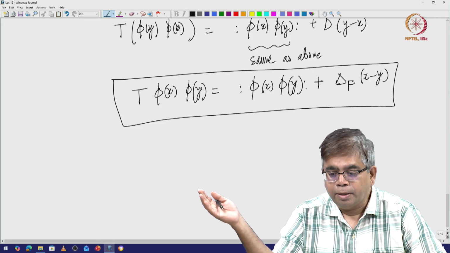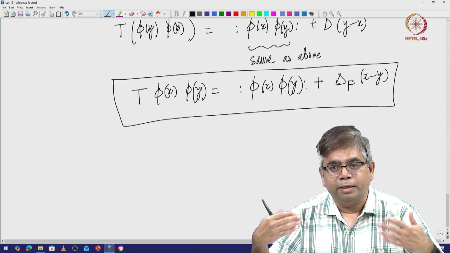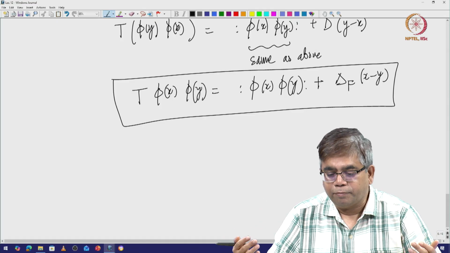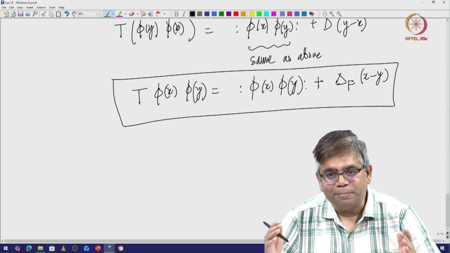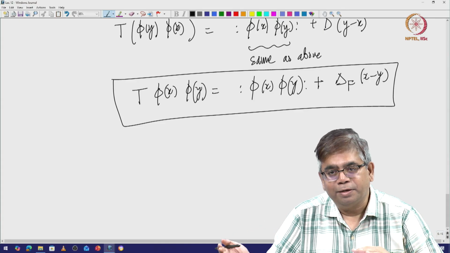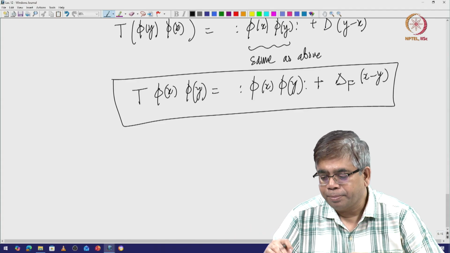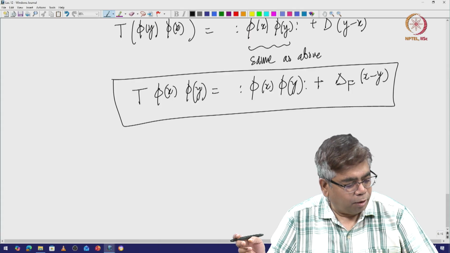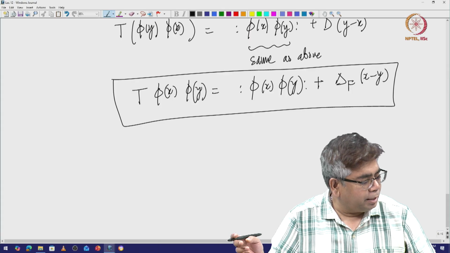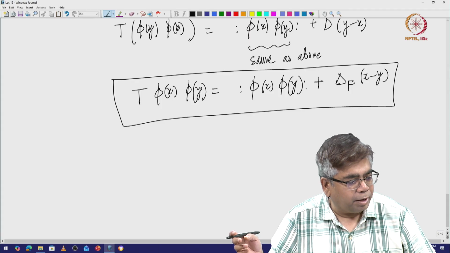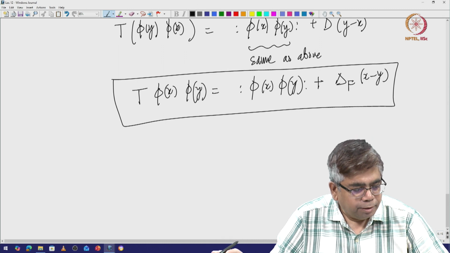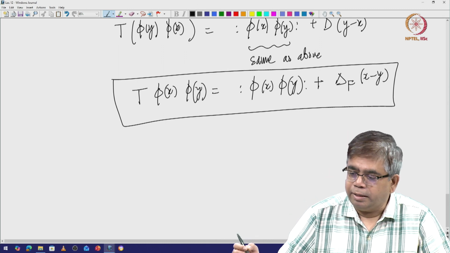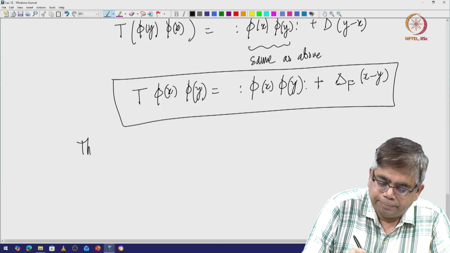Finally, when you are writing it in terms of the S matrix, essentially we see that this time ordered product is equivalent to the normal ordered product plus propagators, or in other words, contractions. Okay, so now let me define the propagators.